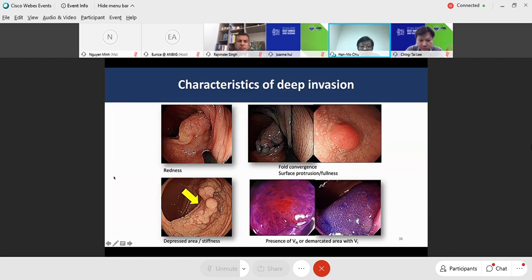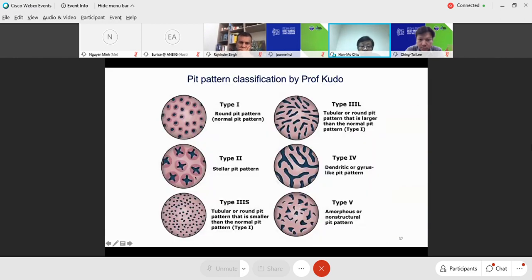So this slide summarizes some of the characteristics of deep invasion either under white light endoscopy or using the staining method. So it is worthwhile to introduce the Kudo pattern here.